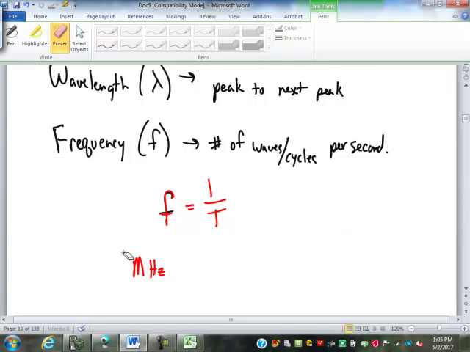Okay. Let's use your 2.4 gigahertz then. So that is 2.4 billion hertz.